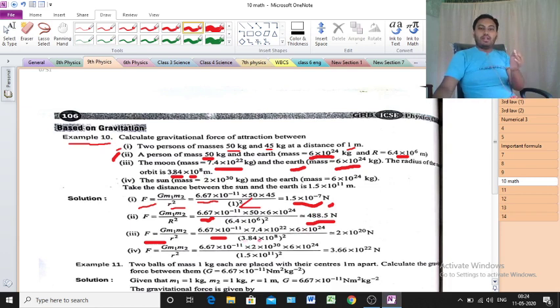Here it is r square, that's why there will be a square, that means 3.84 into 10 to the power 8 whole square. Just simplify this value and you will get the answer.